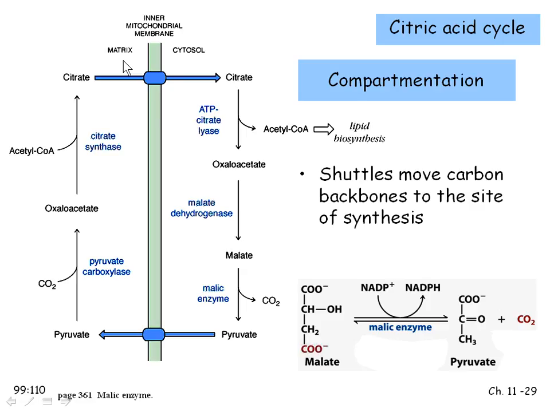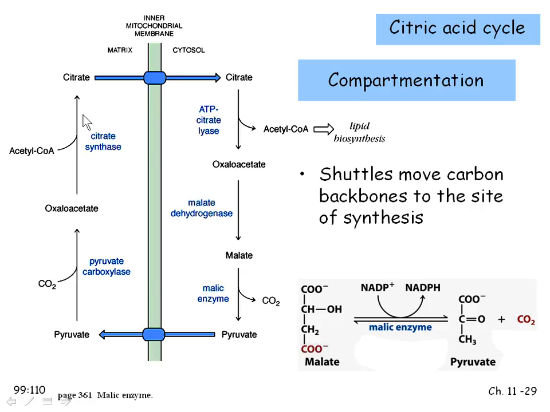And for that matrix to be able to get at things, it has to be able to move carbon backbones around in ways that let them be useful. So for instance, if you want to withdraw citrate to make fatty acids, the citrate is in the matrix, fatty acid synthesis is in the cytoplasm.